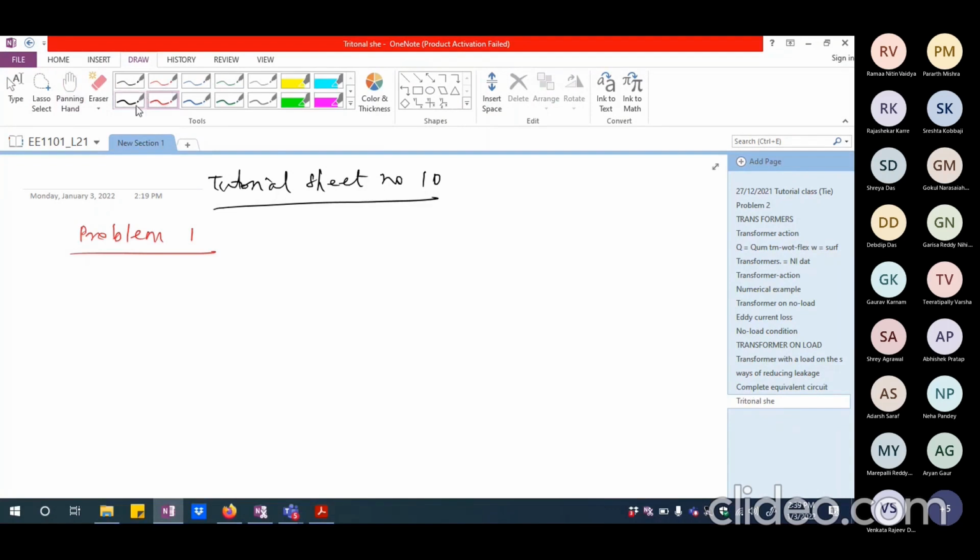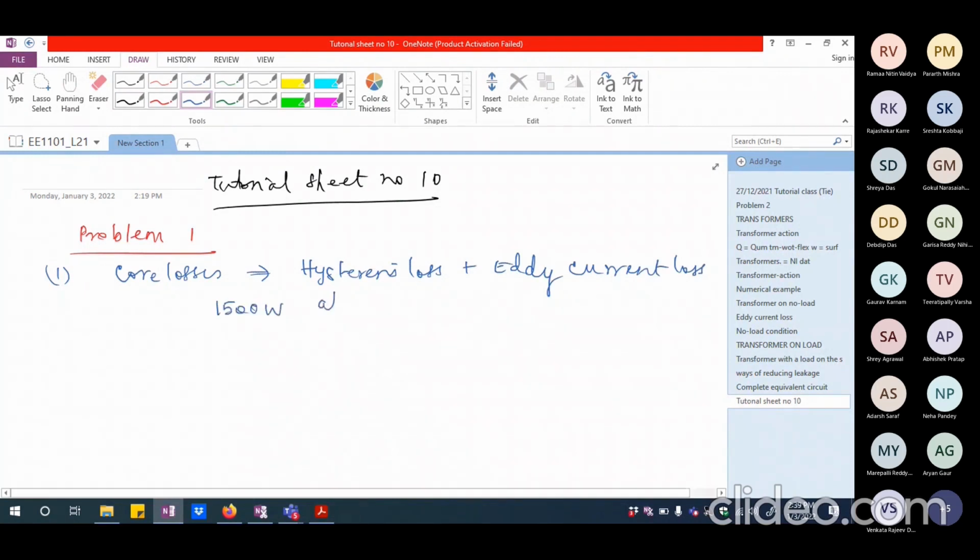So what it says is, core losses, consisting of hysteresis loss plus eddy current loss, both of them added together, is 1500 watts at 50 Hertz and 3000 watts at 75 Hertz.